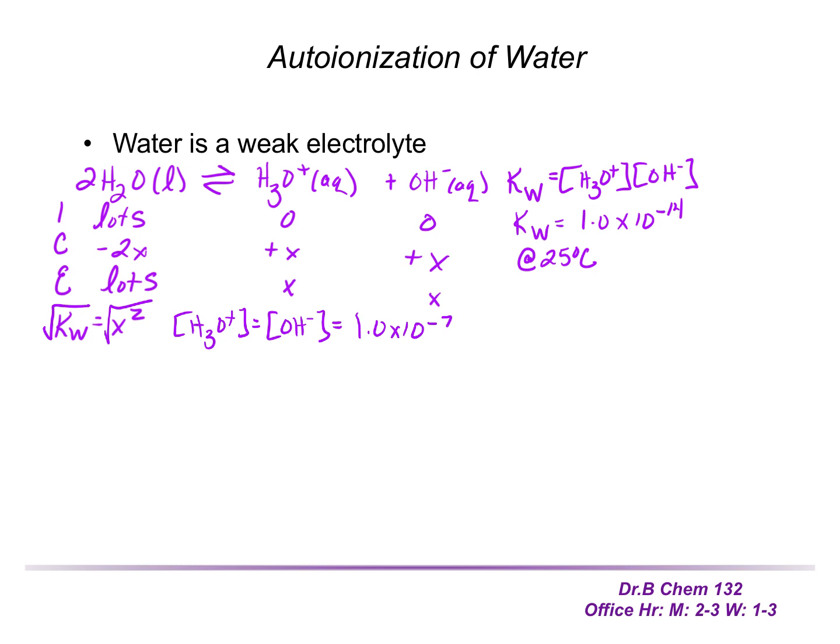So at equilibrium, I have equal amounts of hydronium ion and hydroxide ion, and they are both in a concentration of 1 times 10 to the minus 7. We're going to see how these numbers become very important when we talk about pH and the pH scale.